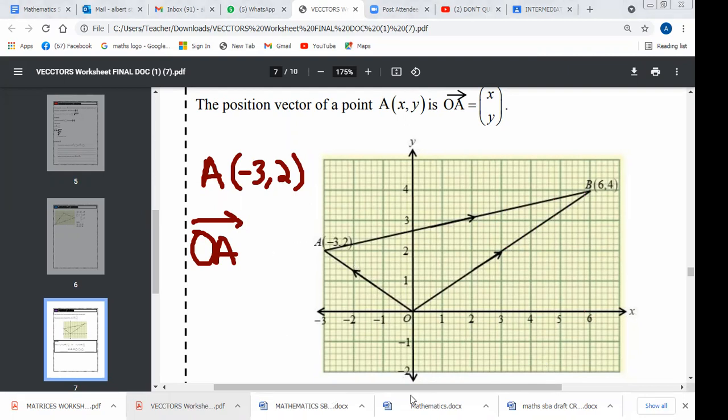All right? So OA is going to be -3 and then 2. Make sense?